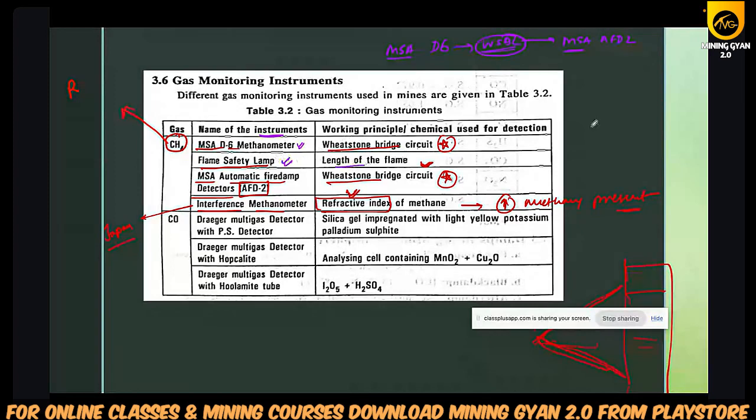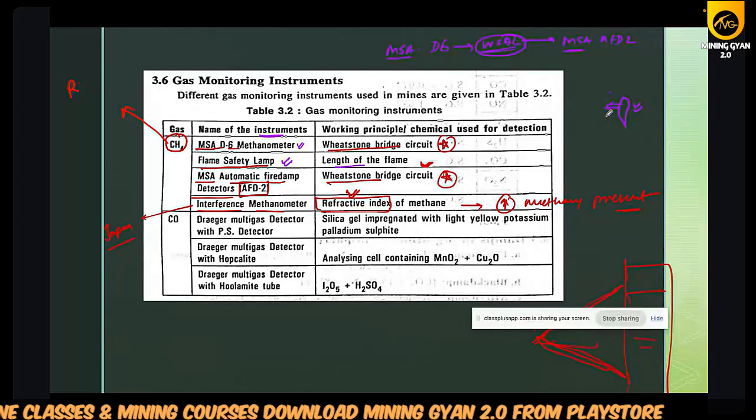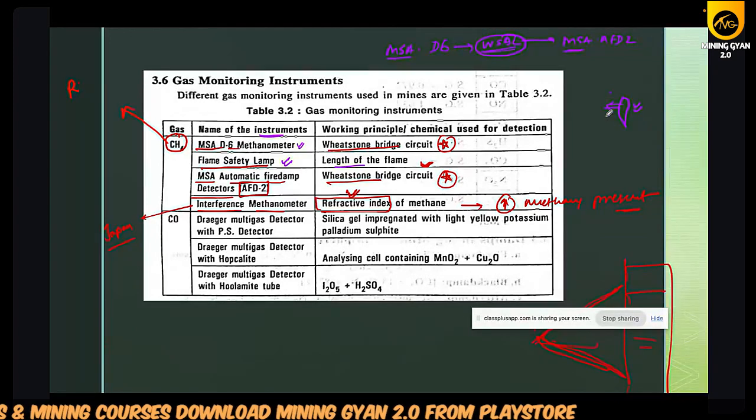And we have seen the flame safety lamp. Flame safety lamp is based on the length of the flame. You must have seen that on the base of the flame, we find out how much percentage of methane is found in our mines. So tomorrow I will take a video of the flame safety lamp if I can, and I will show you how it is used.